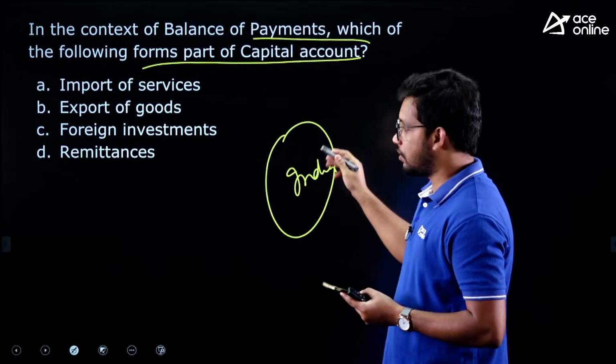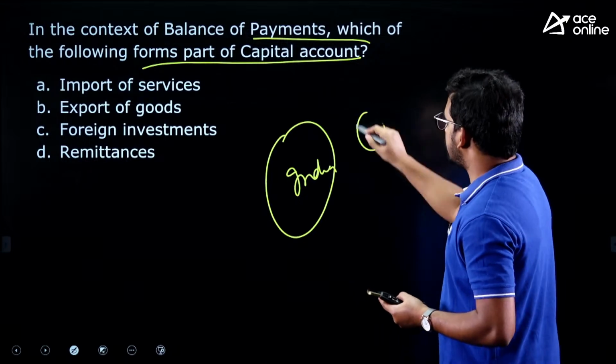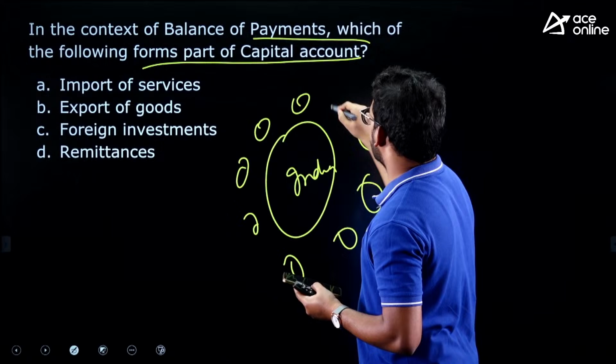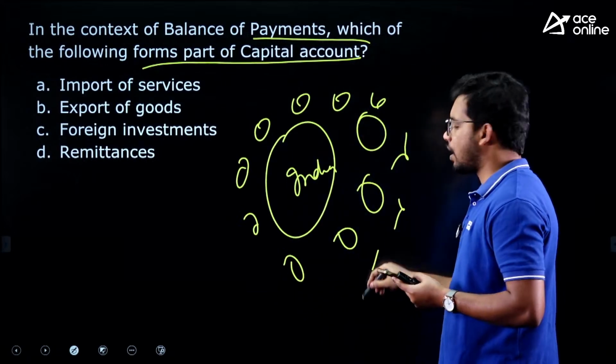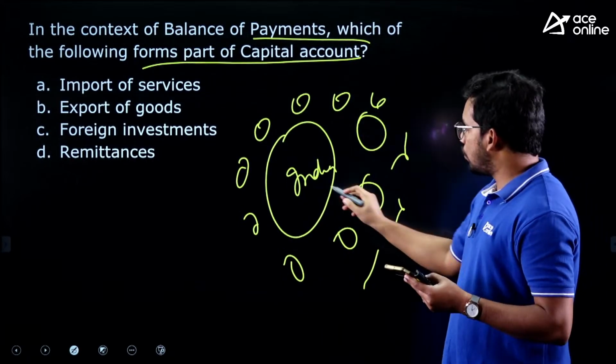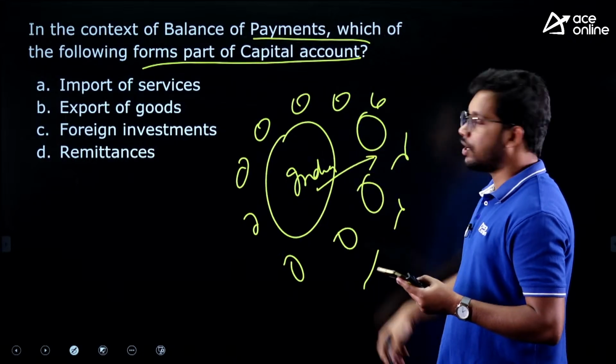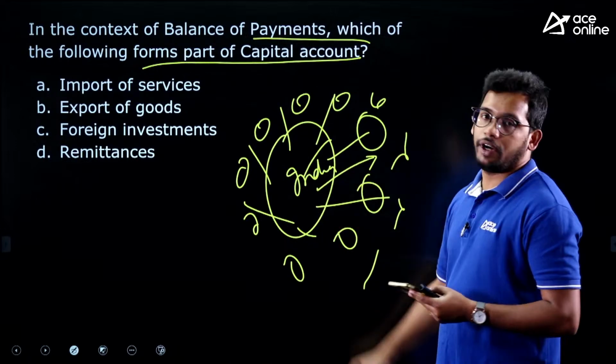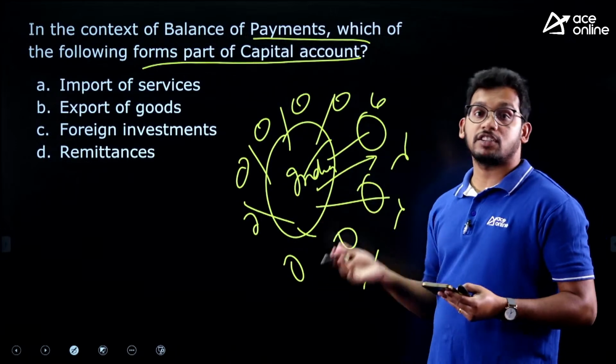Just assume the circle is India, and these are a number of countries: USA, UK, China, Pakistan, Nepal, Bangladesh. There are 200 countries. From India, money is going out, and from all these countries, money is coming into India. This is called the balance of payments.